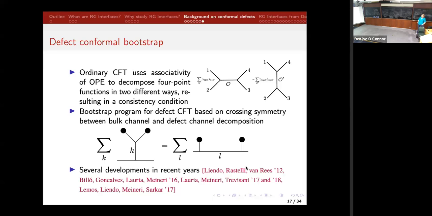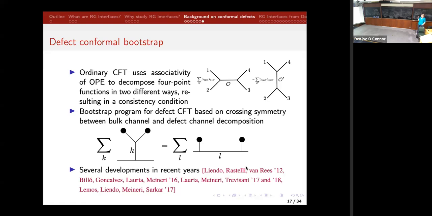But then the bootstrap program for defect CFT is based on the crossing symmetry between the bulk channel and the defect channel decomposition. So in the bulk, you can take 2 operators really close together, and then that sum of operators, if you take that close to the defect, you'll have a bunch of 1-point functions.